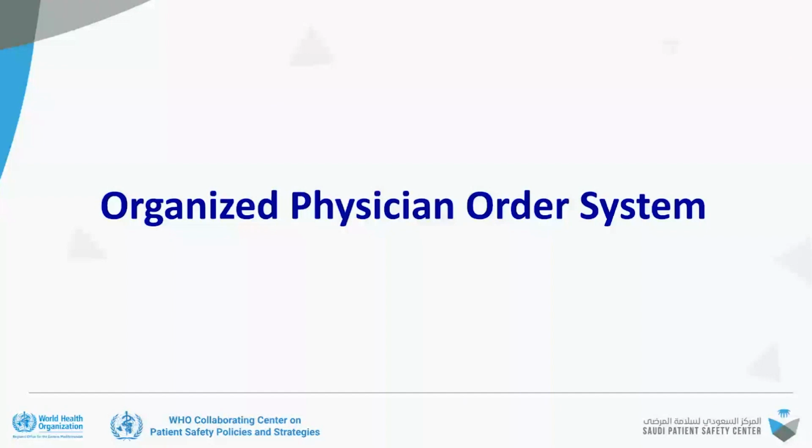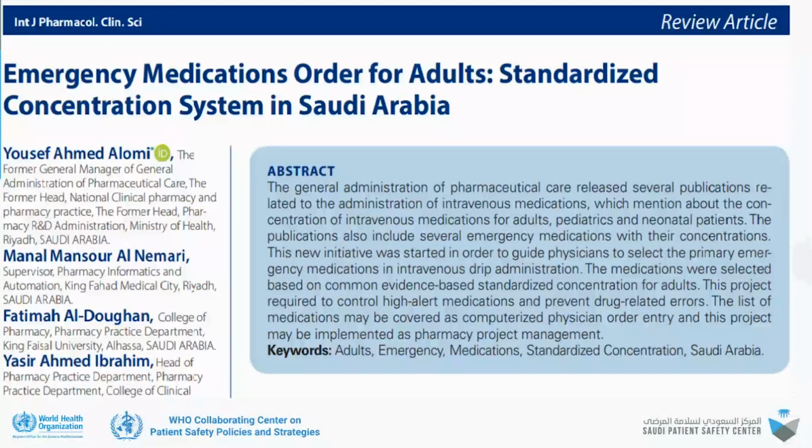And also, as a learning outcome of the medication safety program and medication error, we found a lot of mistakes with emergency medications, and we started to standardize the concentration of the medications. We discussed drug administration, and we found a lot of error in emergency medication.